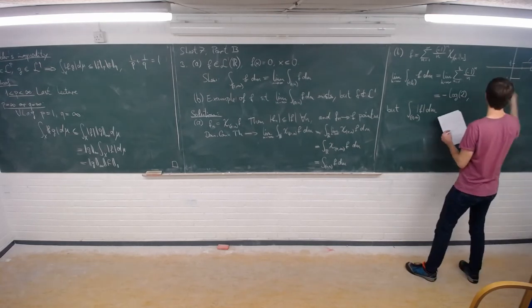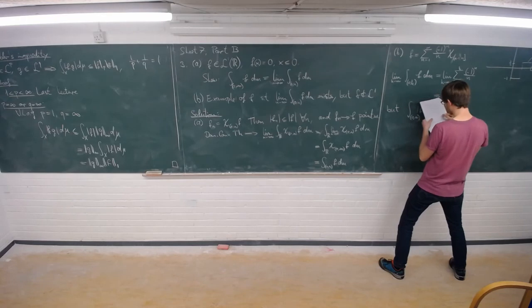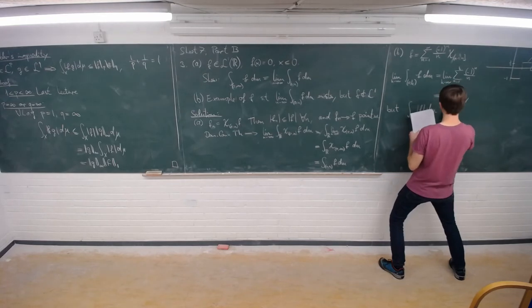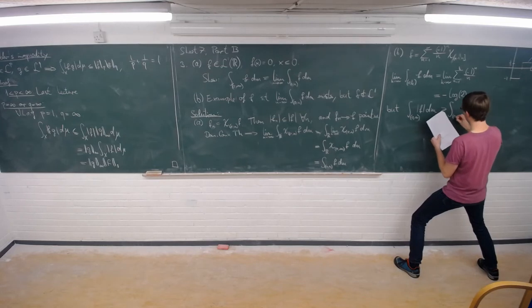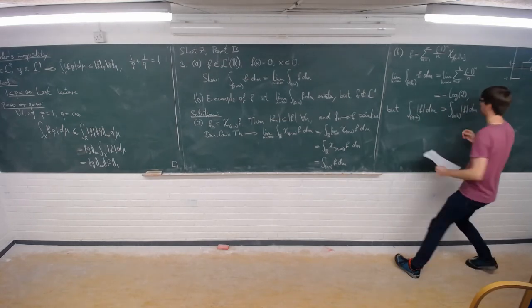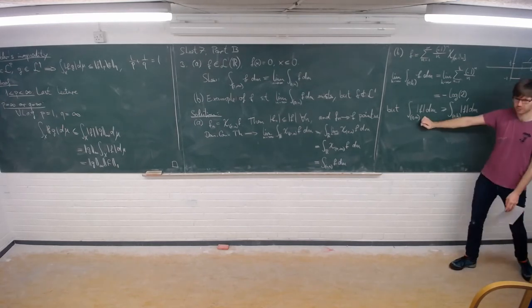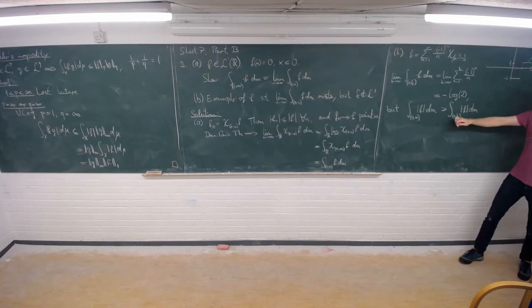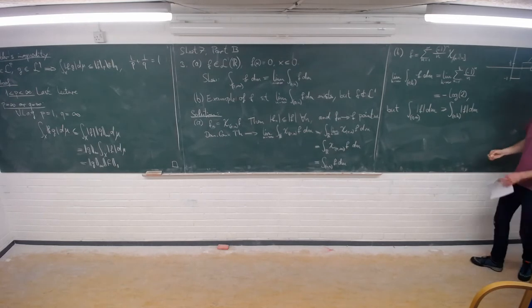And then if you only go to a finite k, okay, so I went slightly too fast. So this integral is certainly larger or equal than the integral from 0 to any finite k of the absolute value of f, because it's a non-negative function that I'm integrating.